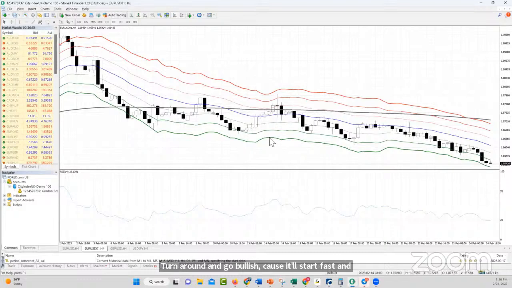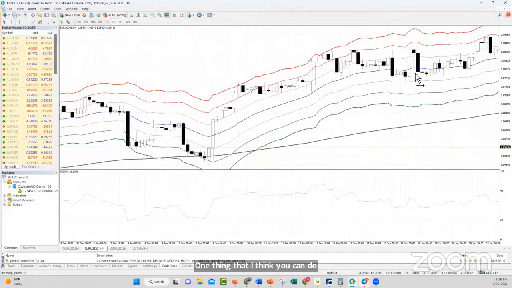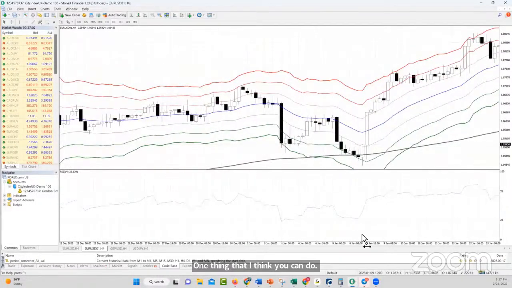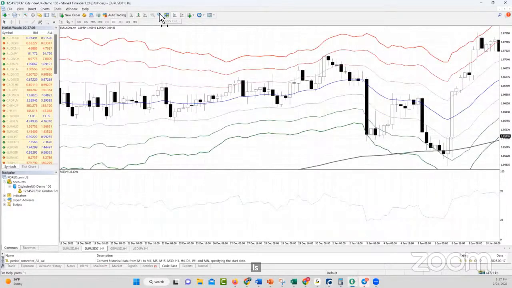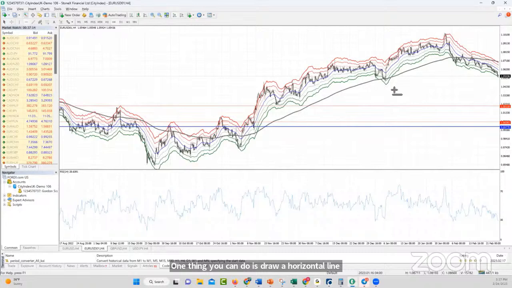One thing I think you can do is zoom out here. One thing you can do is draw a horizontal line from the places where the dip occurred.